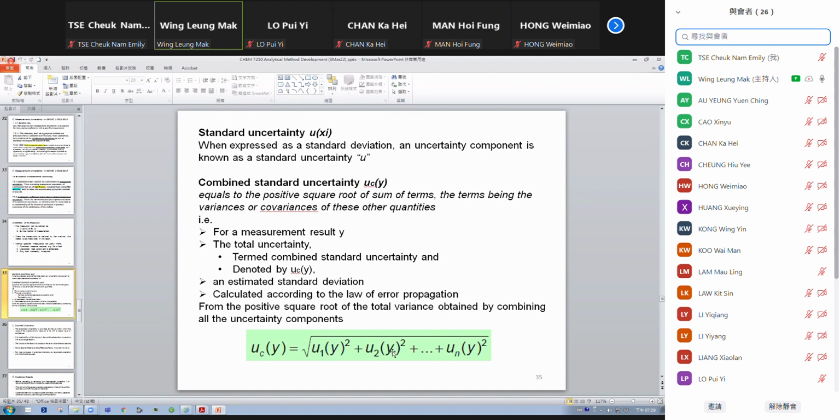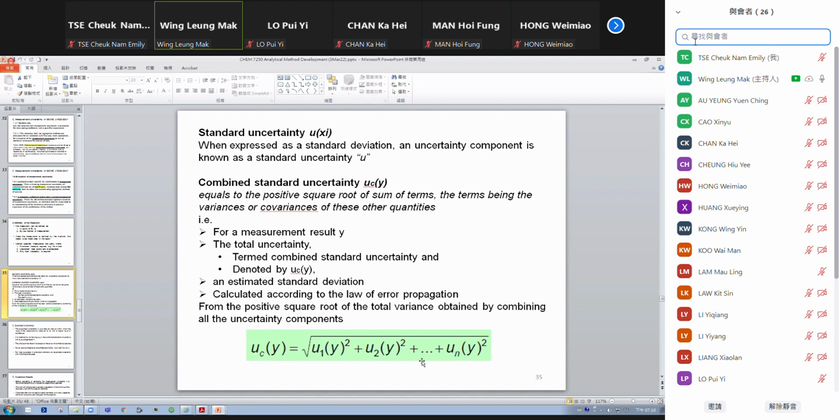As I told you before, some of the apparatus may be measuring in milligrams or volume in cm cubed, so those units cannot simply be added together. We will change them into percentages, so we can combine them by using this equation, the formula.